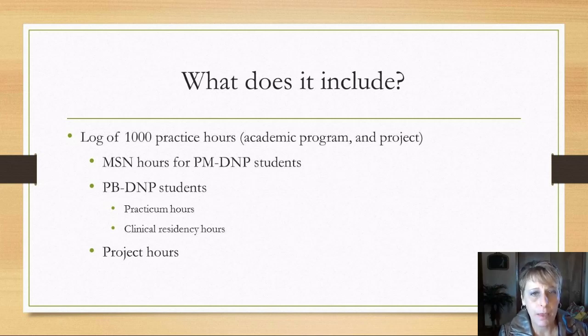Before that first summer, you have the technology and assessment type class, and there's 40 hours of practicum with that. Your third major practicum is 180 hours, and then you have 2 clinical residencies that are 120 hours each. So adding those together, you'll come up with quite a few hours.